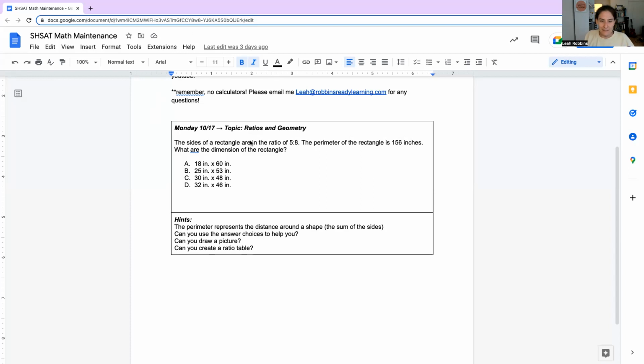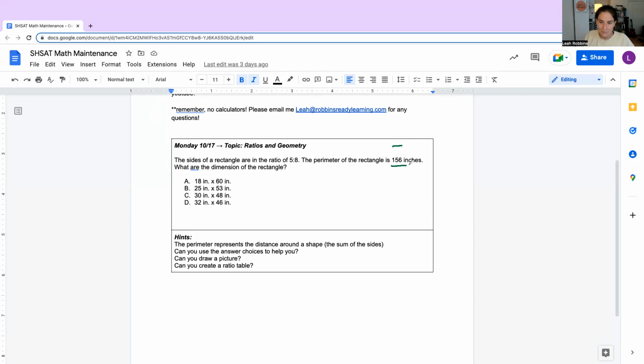The sides of a rectangle are in the ratio 5:8. The perimeter of the rectangle is 156 inches. What are the dimensions? That just means the length and the width, or the base and the height of the rectangle.